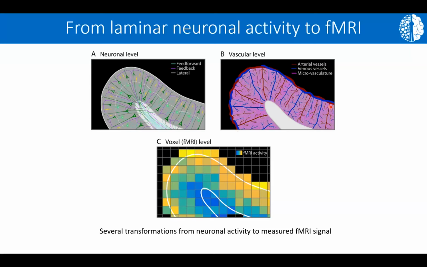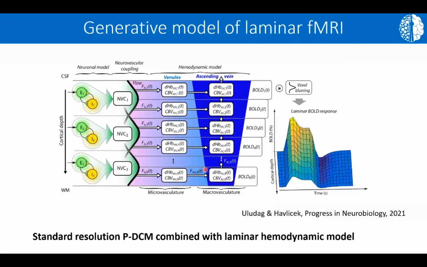Now, the first paper we have published, the laminar model, is actually just describing the vascular level. So in the other paper in 2021, we added the voxel level, including angular dependence, orientation dependence of the Bold signal, and we have added the neural model to the model itself.